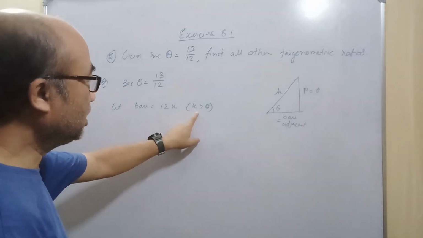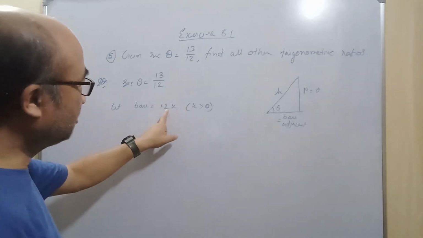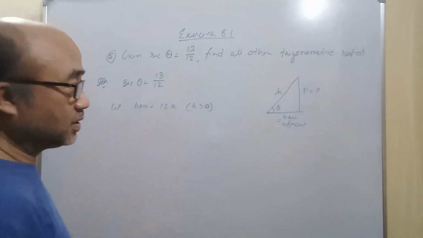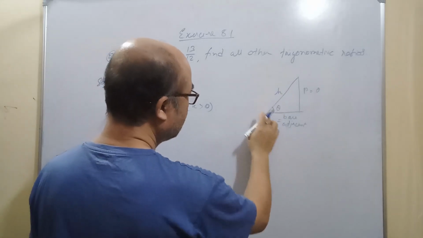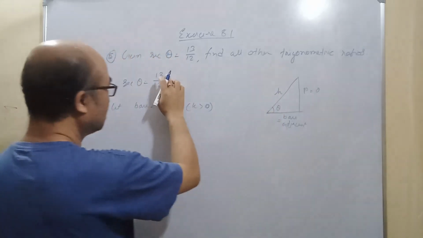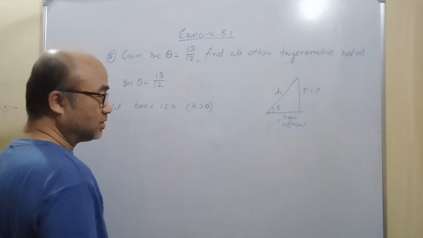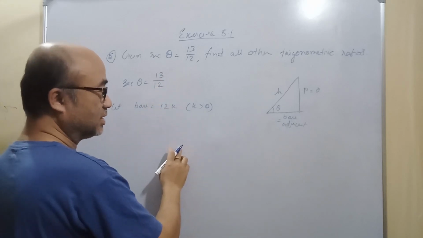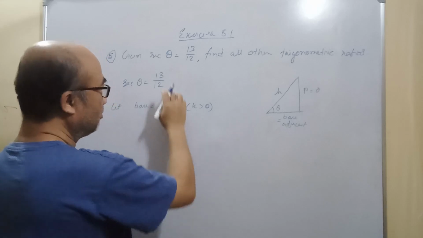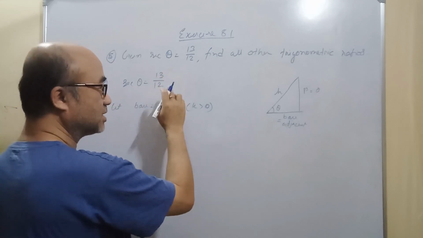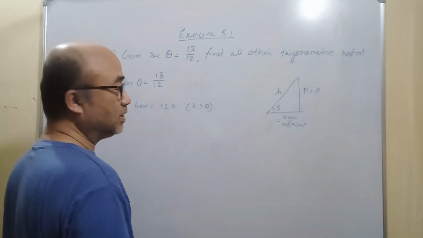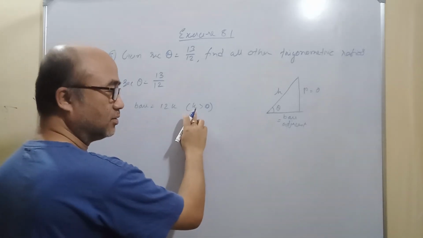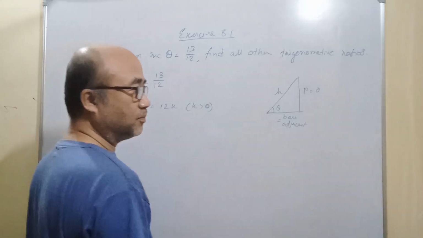We multiply by k because this is a ratio. Sec theta is h by b, a ratio that gives us 13 by 12, so the actual length can be obtained by multiplying both sides by the same positive number. We assume that to be k.